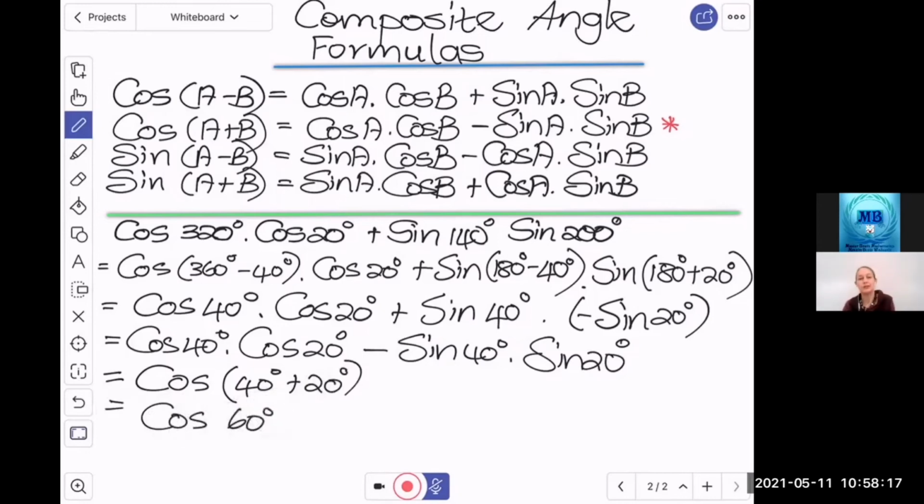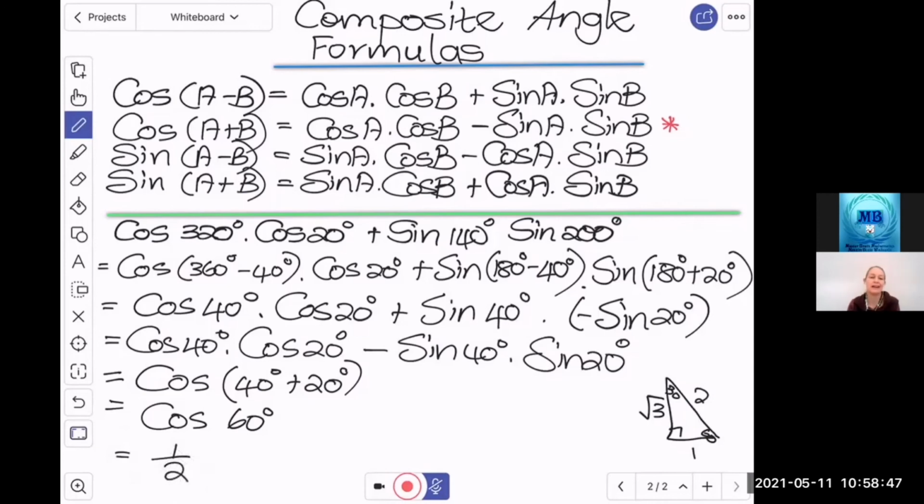And now all we need to do is make use of our little triangle that we know of, which is our 30 degrees here, our 60 degrees there, 1, 2, square root of 3. And now the cosine of 60, meaning here we have our 60-degree angle, cosine meaning adjacent side over the hypotenuse side, and it means that we will have 1 over 2, and that will be our final answer.